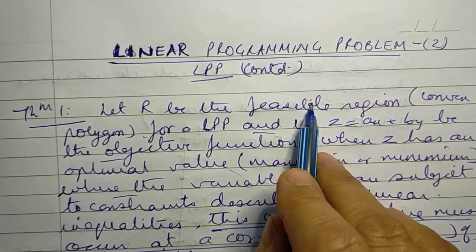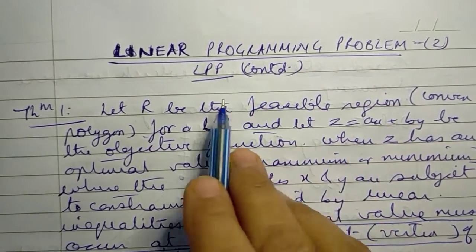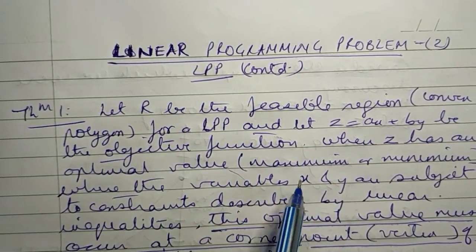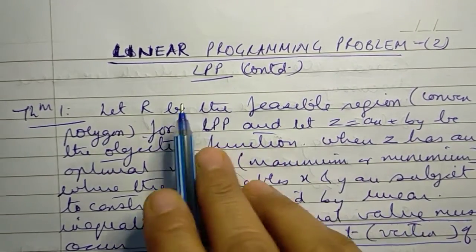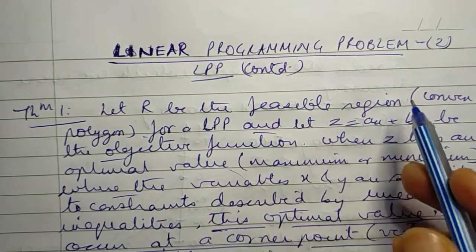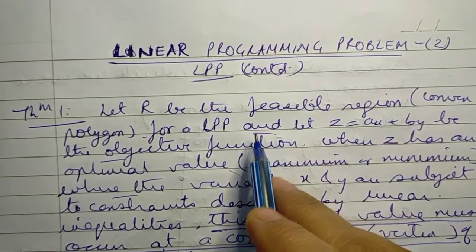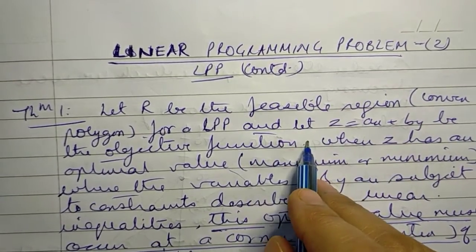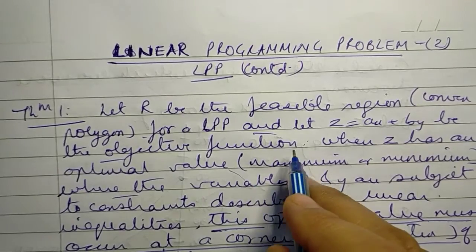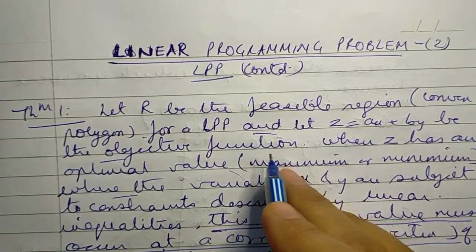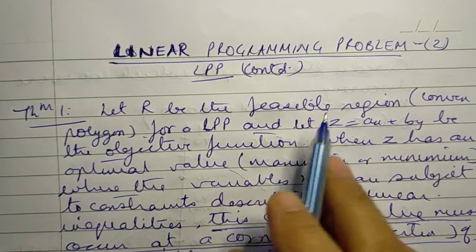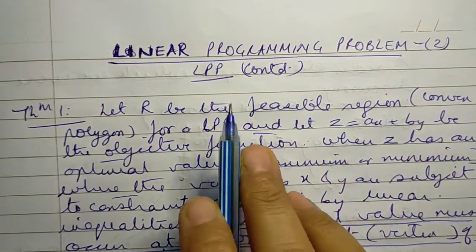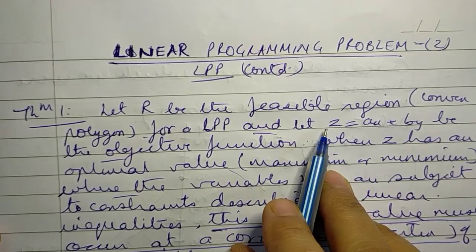In that, we had discussed that on the graph, we plot only the linear inequalities, that is the inequations which correspond to the constraints. Once we plot those linear inequalities and find the solution area, that solution area is called the feasible region.